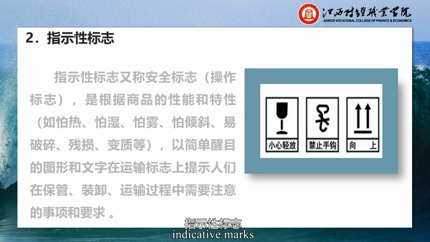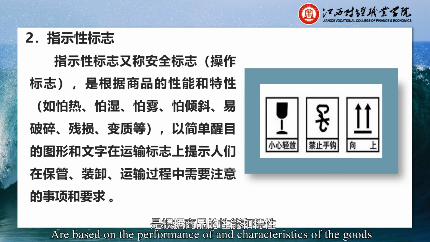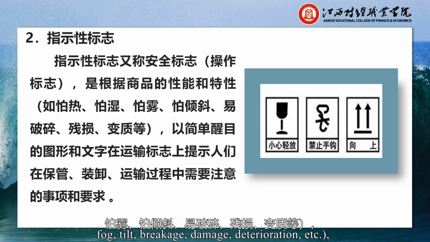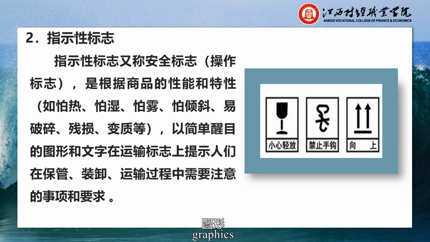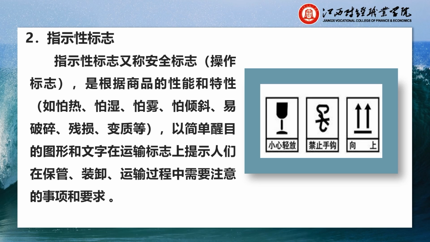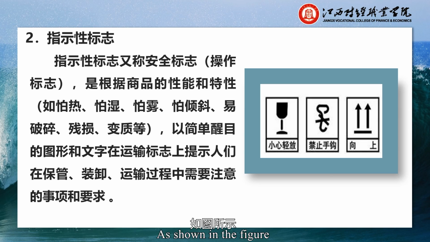Indicative marks, also known as safety marks or operation flags, are based on the performance characteristics of the goods, such as being afraid of heat, moisture, fog, dirt, breakage, damage, deterioration, etc. They use simple and striking graphics and text on the transport marks to remind people of the precautions and requirements during the storage, loading, and transportation process, as shown in the figure.